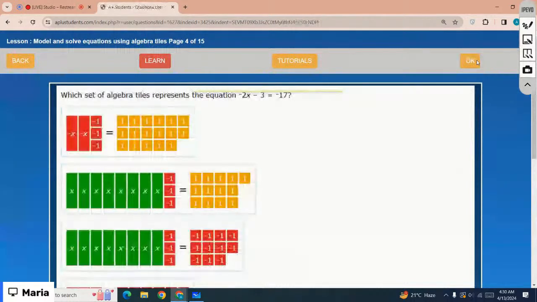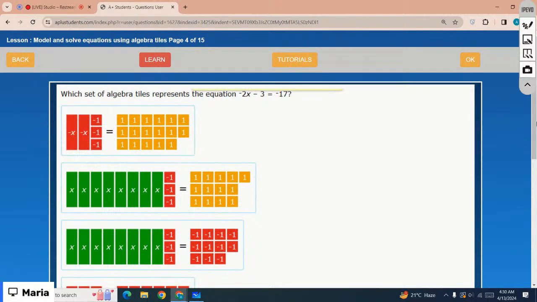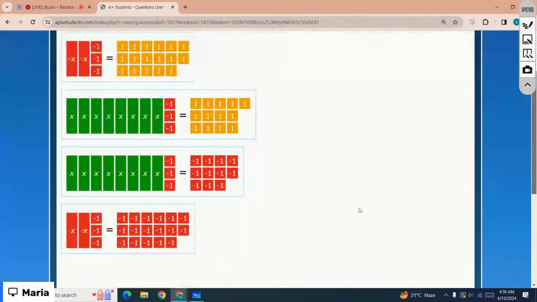Which set of algebra tile represents negative 2x minus 3 equals negative 17? Which is the correct option? The last option is the correct one, right? D is the correct option.